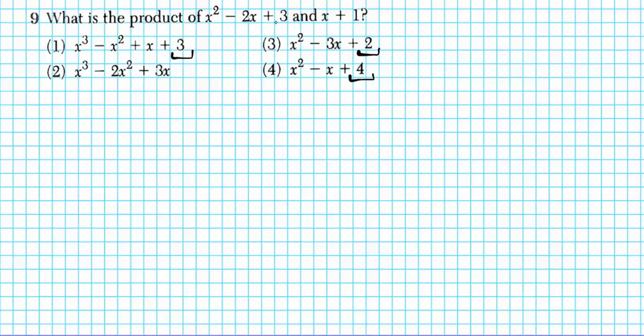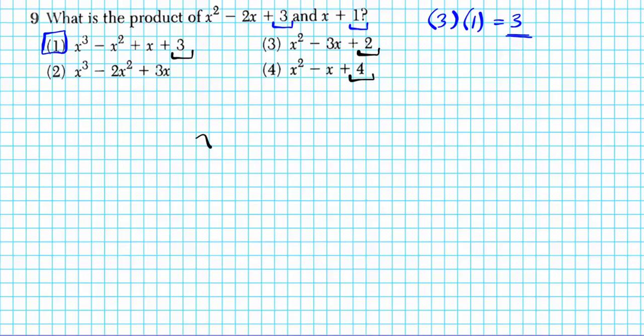So when you're distributing this all the way, you end up multiplying 3 by 1. What is 3 times 1? 3 times 1 is 3. So the option that has 3 as a constant, that's your correct answer. So we can see that the answer is option number 1 without doing any work.